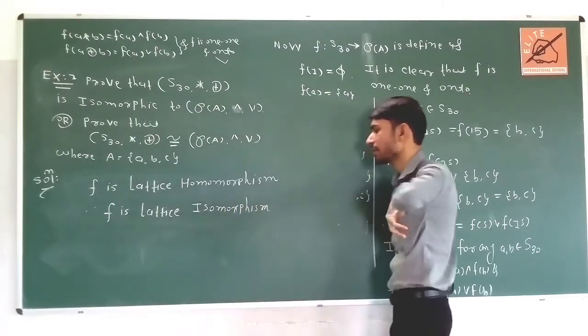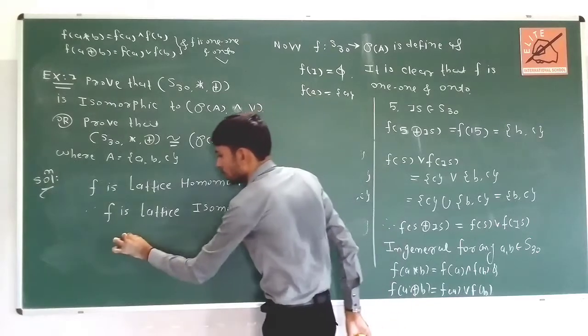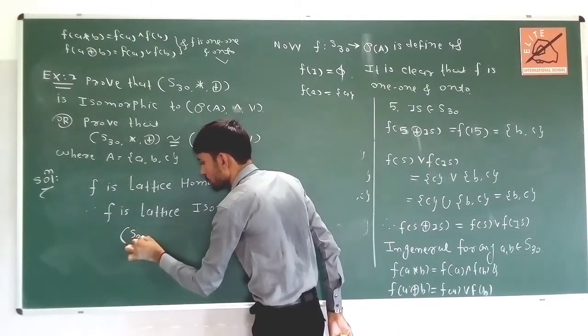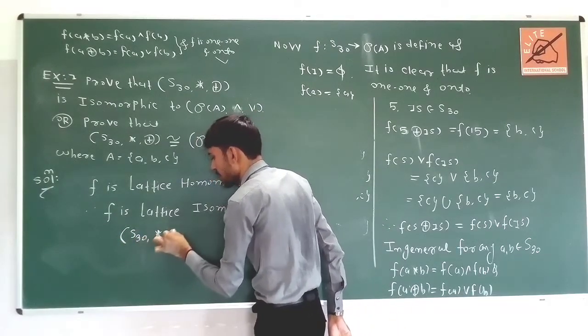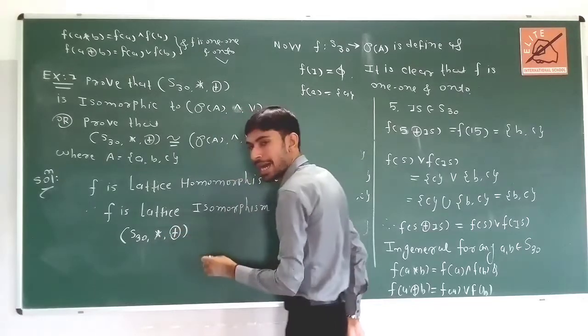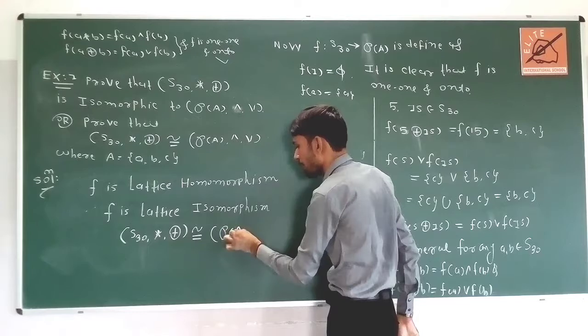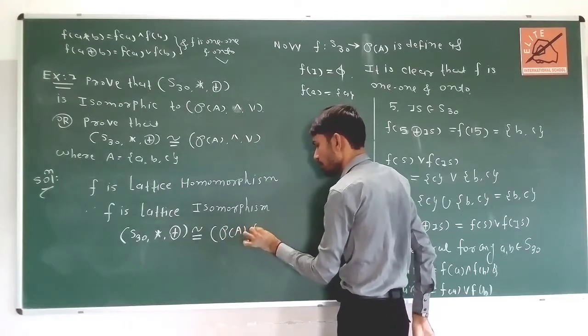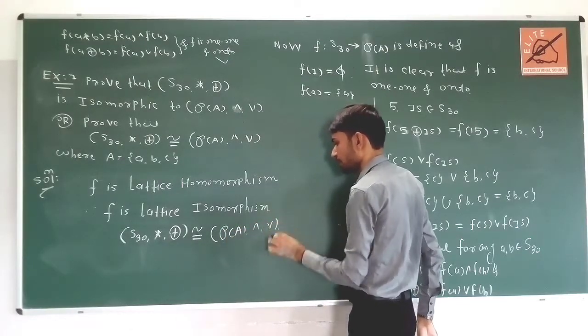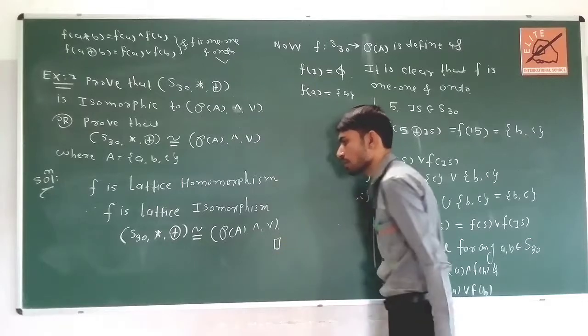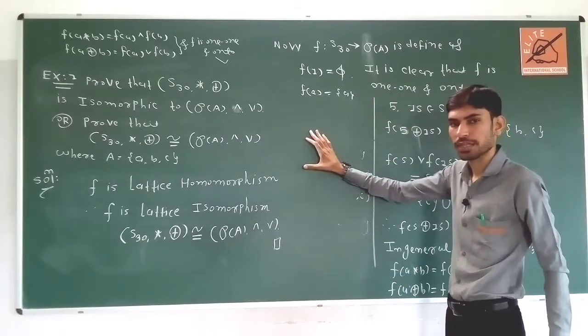Or finally here we write as S30 star ring sum is isomorphic to power set of A meet join. So this is the solution of our first example.